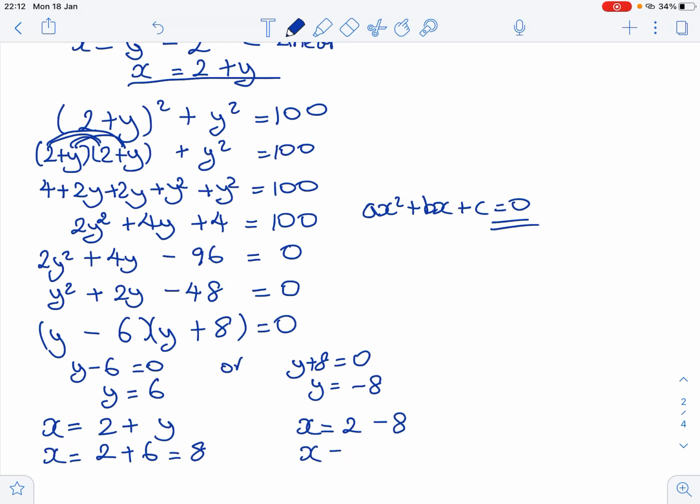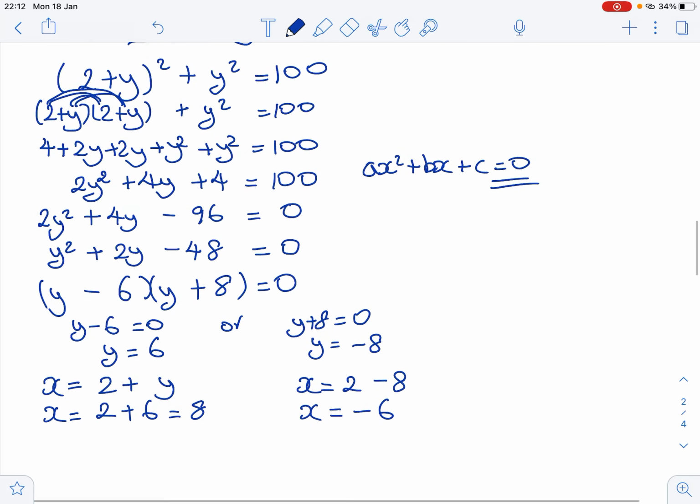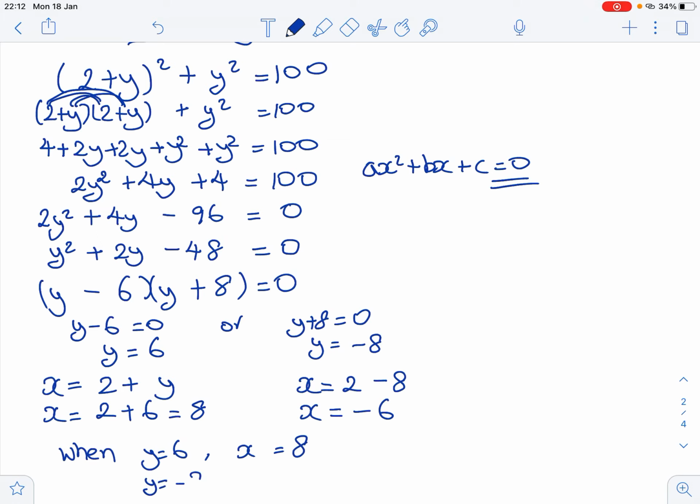Therefore, x equals minus 6. So I have my two solutions. When y equals 6, x equals 8. And when y equals minus 8, x equals minus 6. Remember, when you're solving a quadratic simultaneous equation, you get two values for y and two values for x.